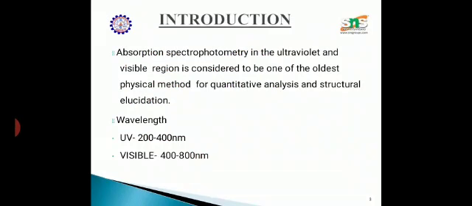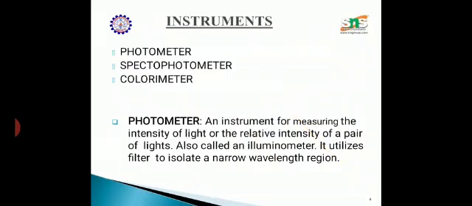Yes, it's one of the oldest methods. Here we can use a UV wavelength of 200 to 400 nanometers or a visible wavelength of 400 to 800 nanometers. So here three things have been used: photometer, spectrophotometer, and colorimeter. What's a photometer?